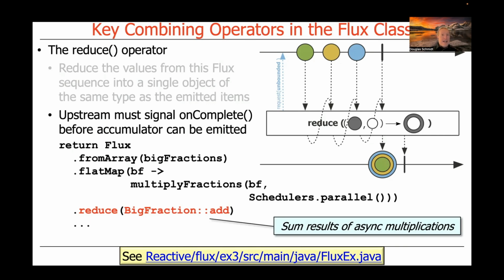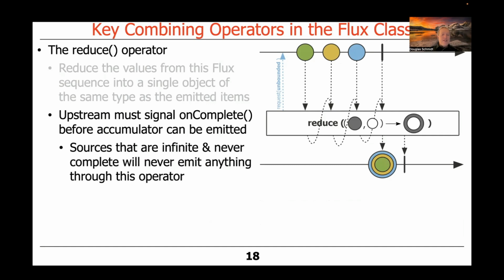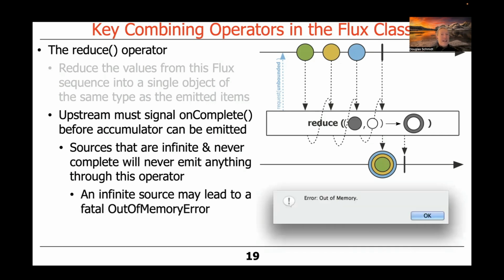That all works fine. However, if you have an infinite number of items, which we don't have here, but if you were to have that, then the operator will never get called because it expects an on-complete signal before it will wrap up. And if you try to do this, you're likely to eventually run out of memory.